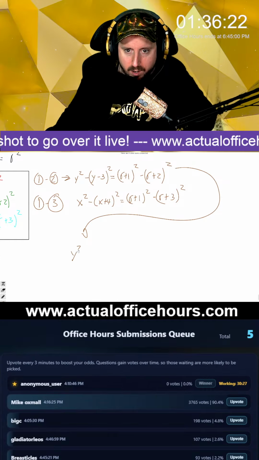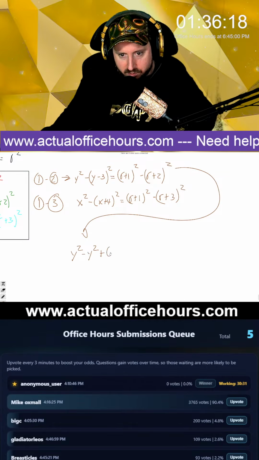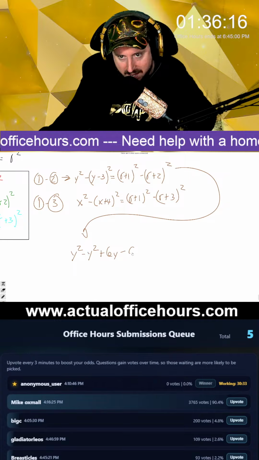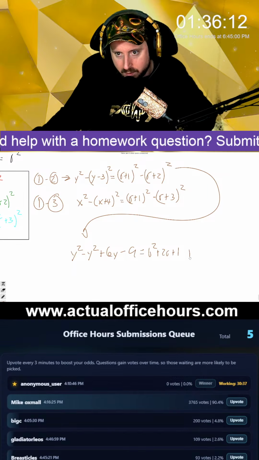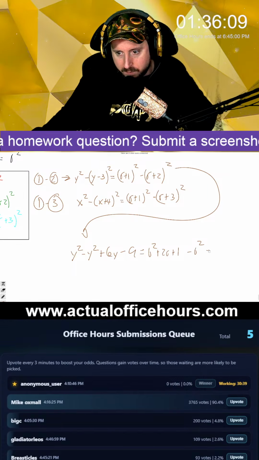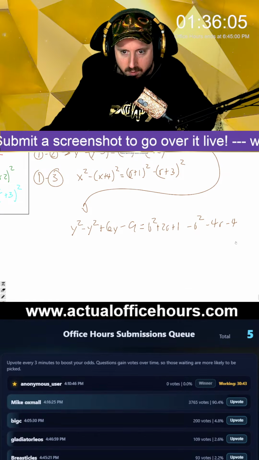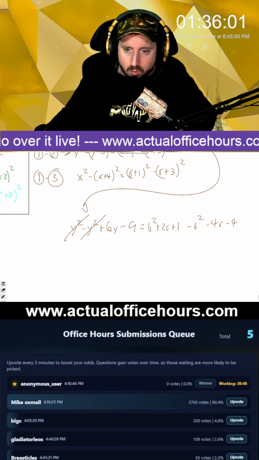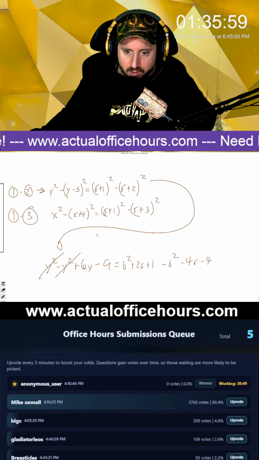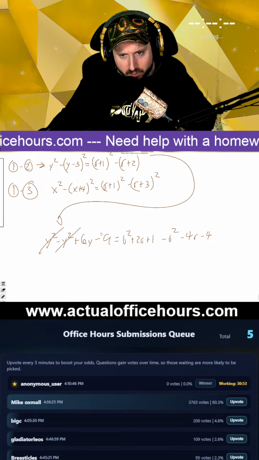Because this is y squared minus y squared plus 6y minus 9 is equal to r squared plus 2r plus 1 minus r squared minus 4r minus 4, right? This cancels. Oh, we actually do need both because I'm going to get y in terms of r and then I'm going to get x in terms of r maybe.